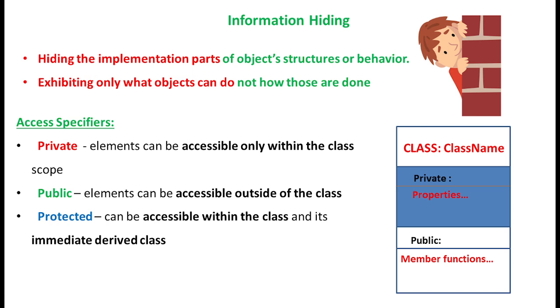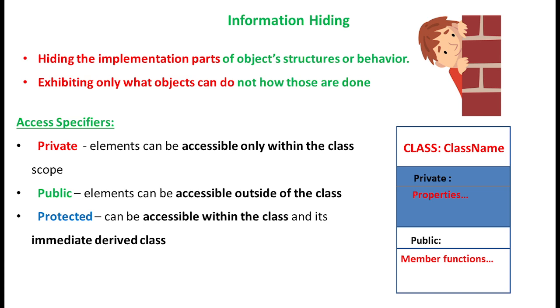Here you can see a class with different access specifiers like private and public. I want to hide the characteristics of objects so that they can be accessed only within the class scope. The attributes or properties are declared as private, because they carry the values for objects that should not be exposed outside.